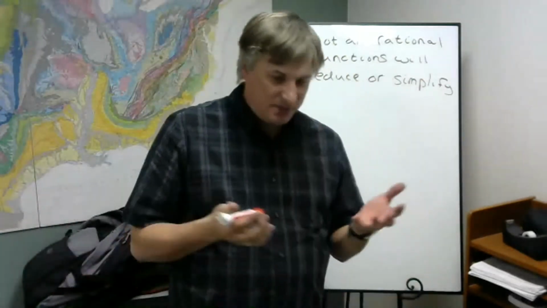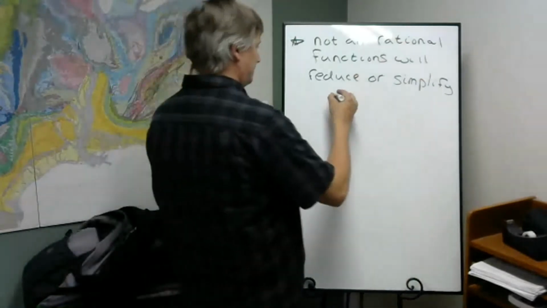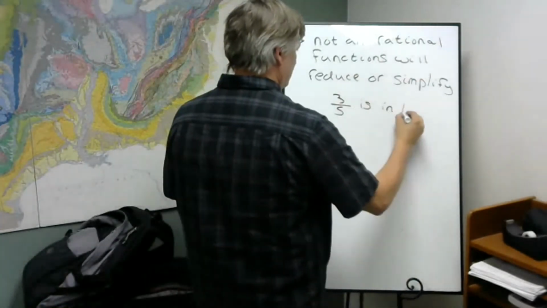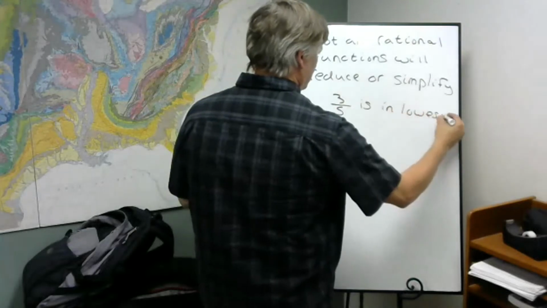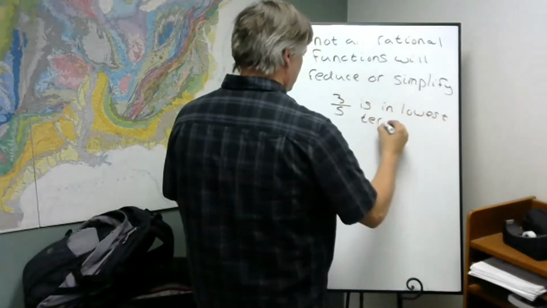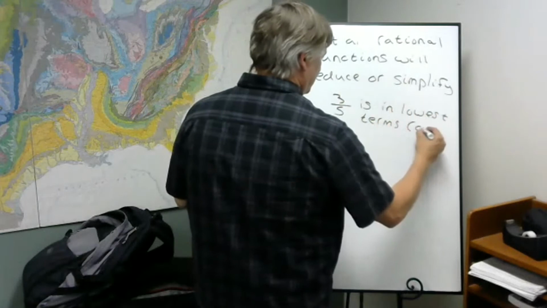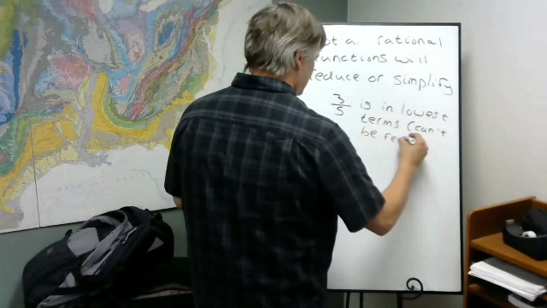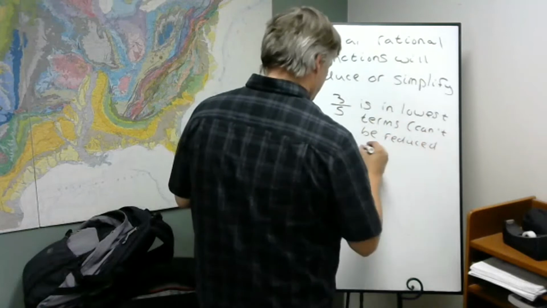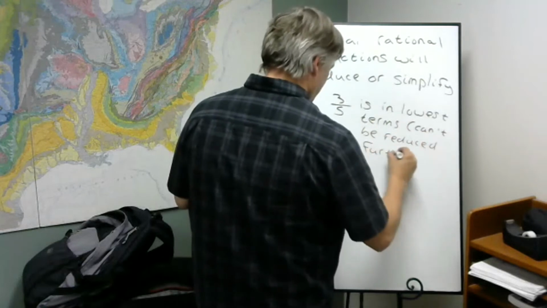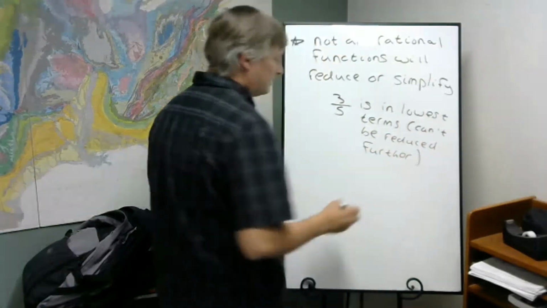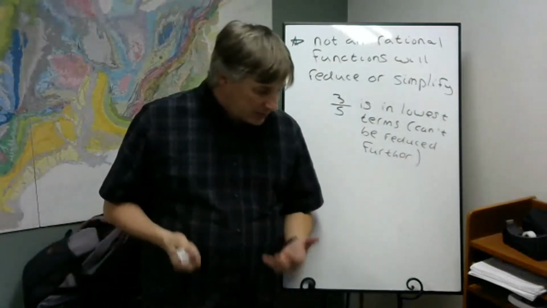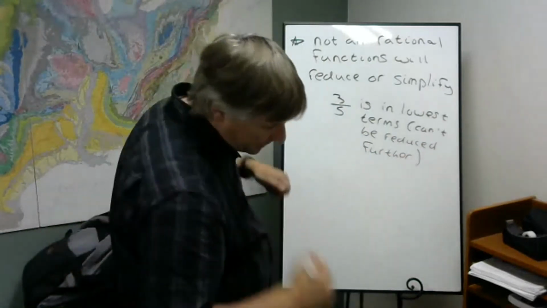So in the same way, like if you take 3/5, it can't be reduced any further. You'll get rational functions that are the same way.